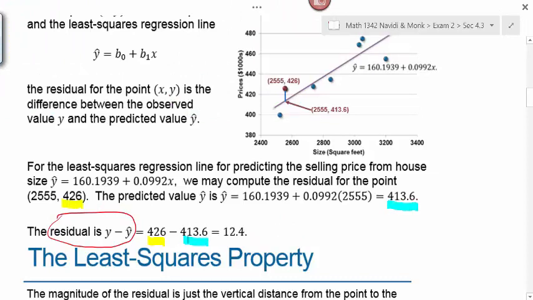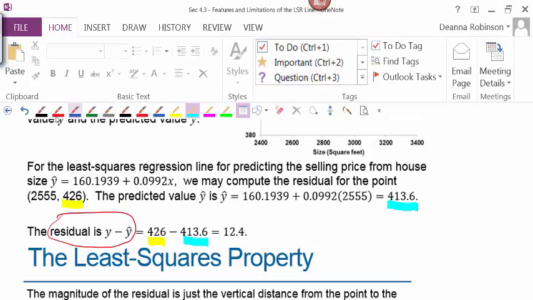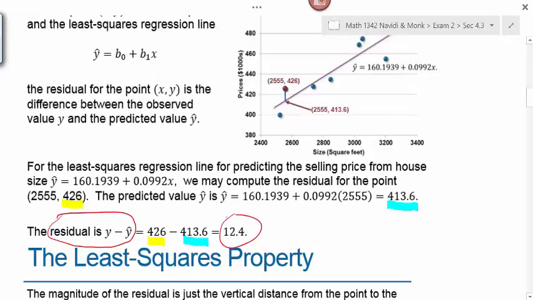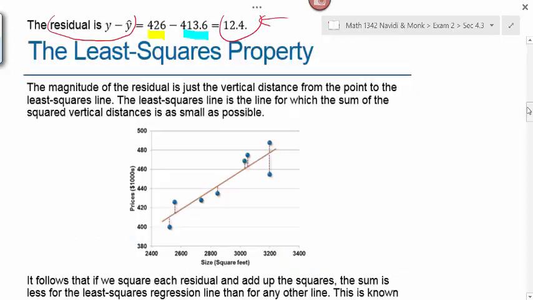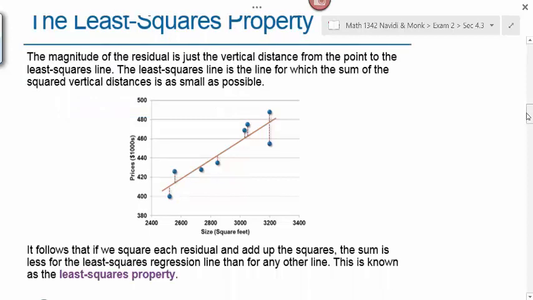The difference between those two gives us the residual value of $12,400. That happens to be the length of this vertical line segment right here. Any questions about that?